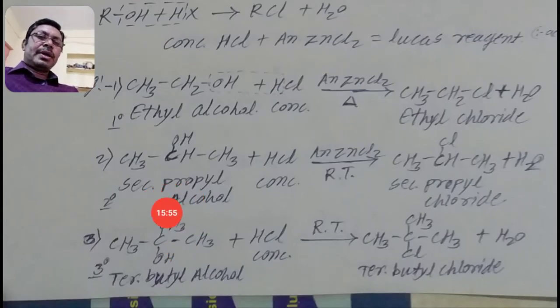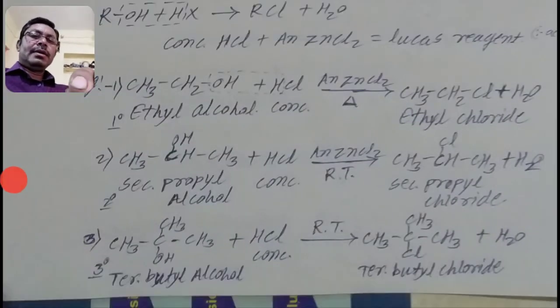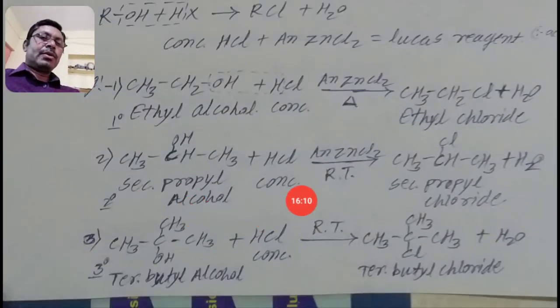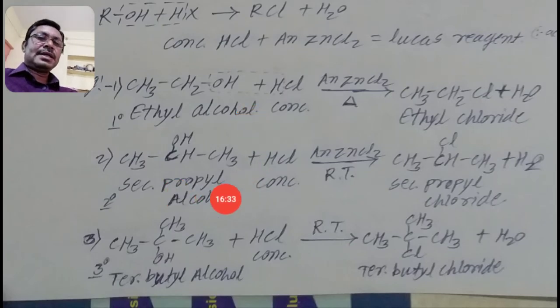In the secondary example, that is secondary propyl alcohol, because it contains 3 carbon atoms and one hydroxyl group is attached to the secondary carbon atom. When it reacts with concentrated HCl, it needs anhydrous zinc chloride, but no heating. The reaction proceeds at room temperature, because the reactivity of a primary alcohol is less than that of a secondary alcohol.